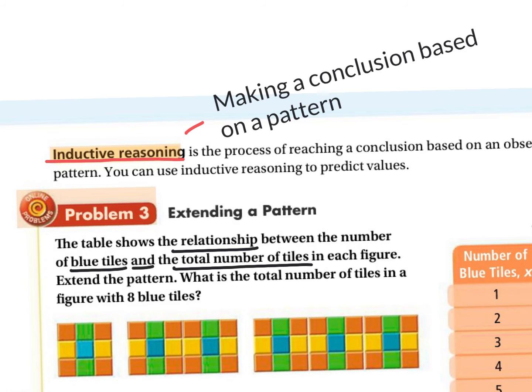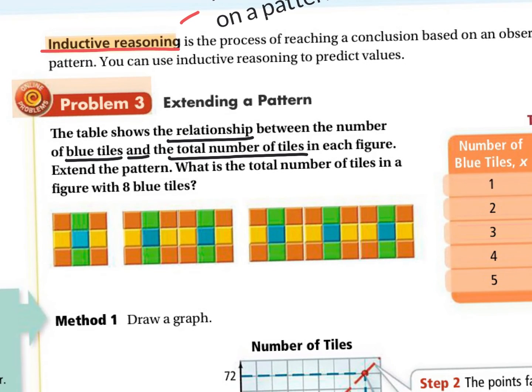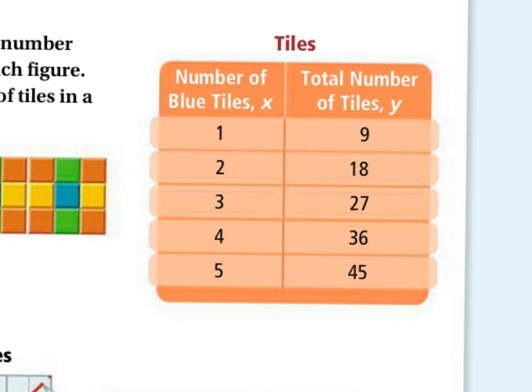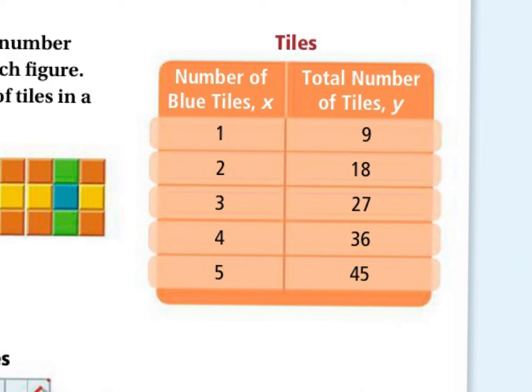Okay, so if we look at this, we can see if we had 1 blue tile, we had 9 total tiles. 2 blue tiles, 18, and so on. Okay, so there's different ways we could do this.